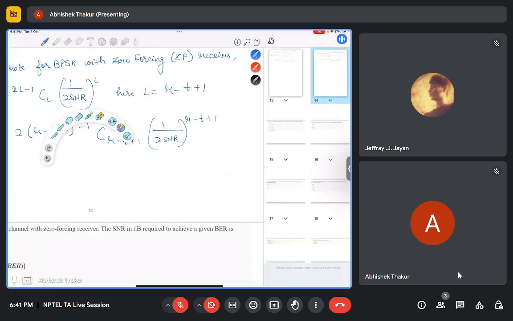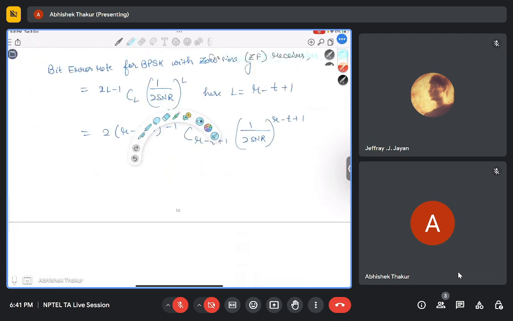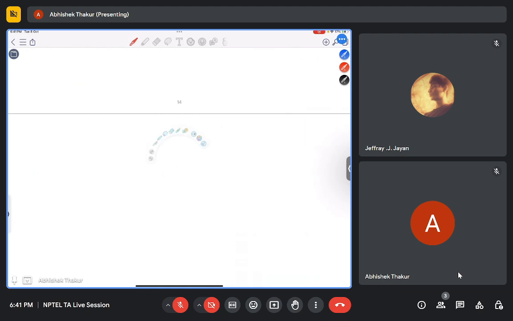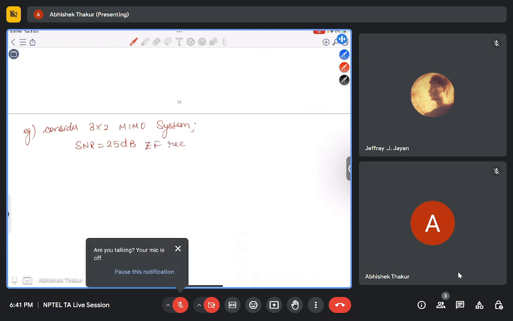So let's consider a small example. Consider a 3 cross 2 MIMO system whose SNR is equal to 25 dB, using the ZF receiver.